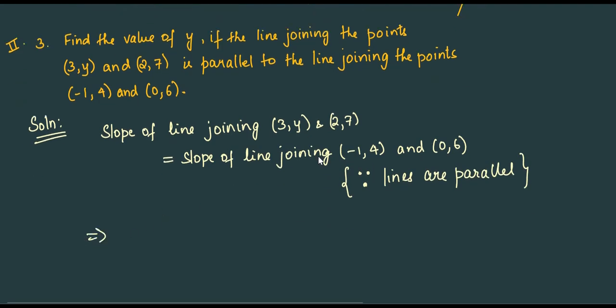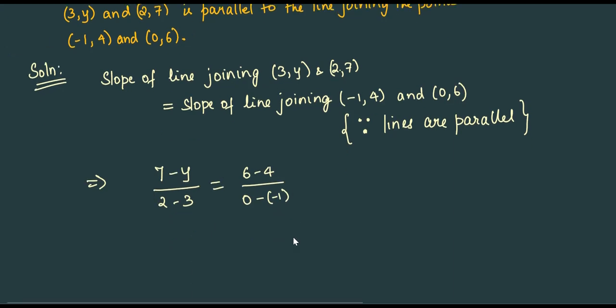So we get (y2 minus y1) by (x2 minus x1) on the left, equal to, on the right-hand side, (6 minus 4) by (0 minus of minus 1). We should be very careful with regards to the signs, otherwise everything will go wrong.